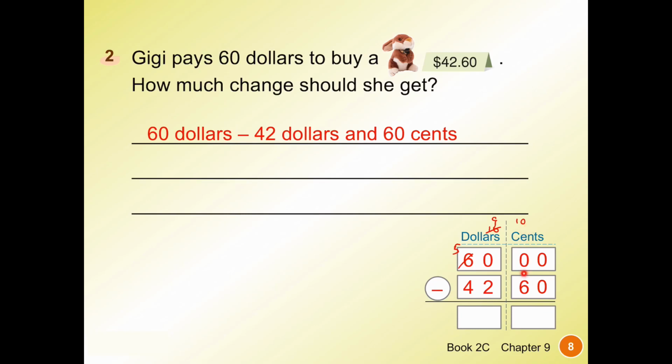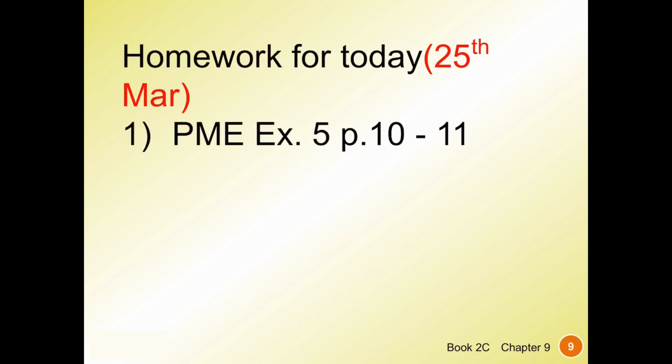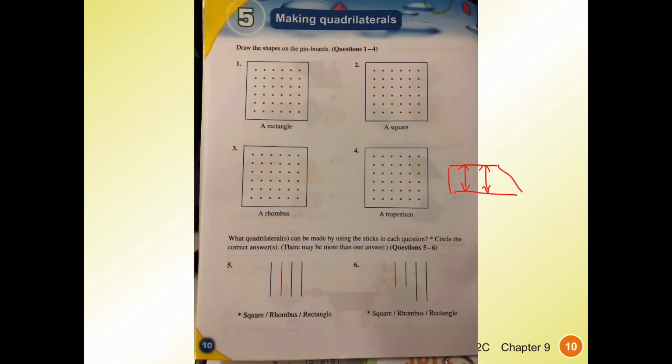So 10 minus 6, we have a 4 down here. 9 minus 2, a 7 down here. 5 minus 4, we have a 1. So she should get $17.40 for the change.